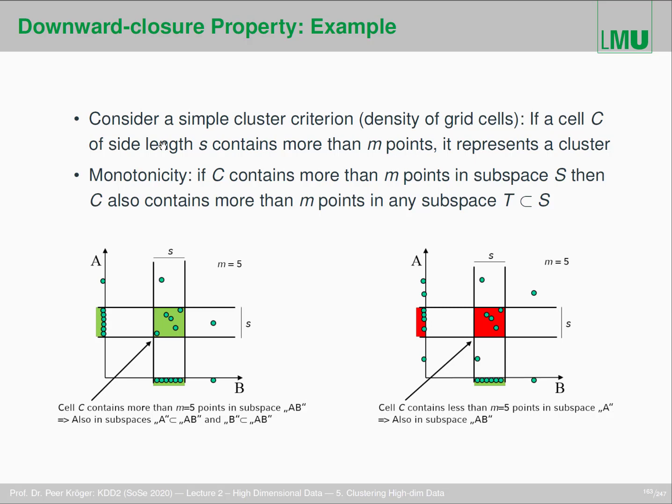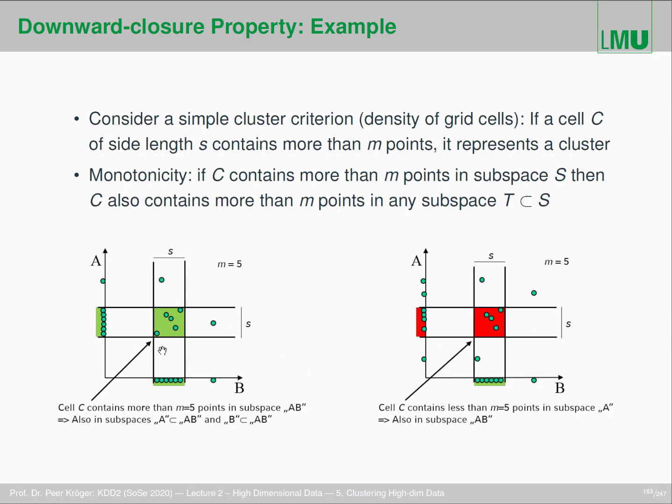This cluster criterion of grid-based methods is actually monotonic, it fulfills the downward closure property, because if the cell C contains more than m points in a subspace S, then this cell also contains more than m points in any projection T of S. And here is the example and the counterexample.